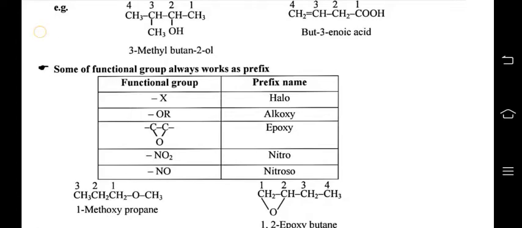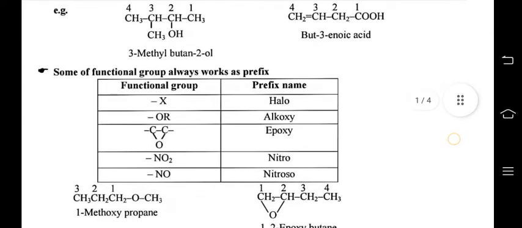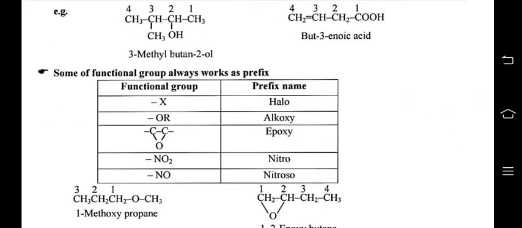So in this way we can give the name to some of the substituents attached in the form of prefixes. Halogen compounds are given as halo: chlorine is chloro, bromo, iodo. Then OR groups are also always written as the prefix, that is the alkoxy groups: methoxy, ethoxy, butoxy group. Then the epoxy group is there also.